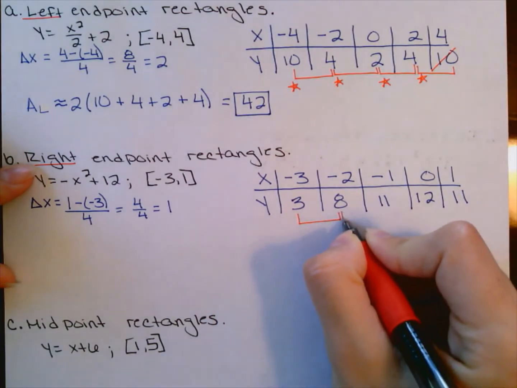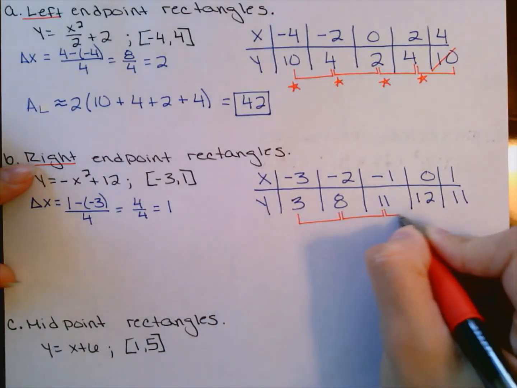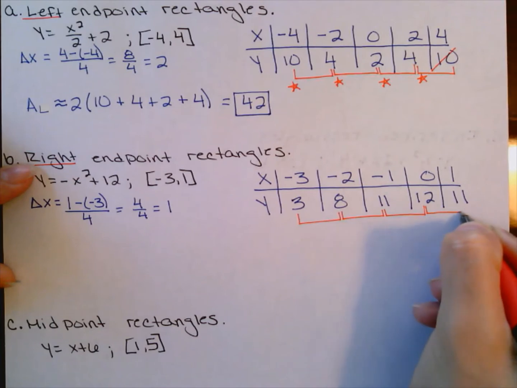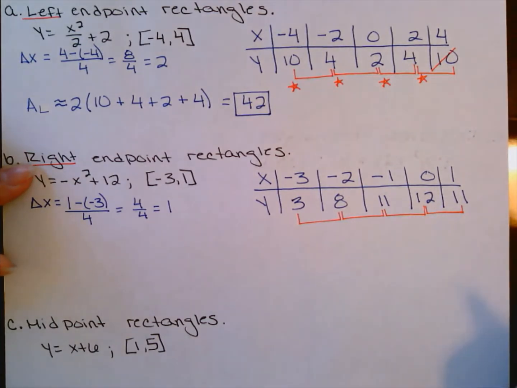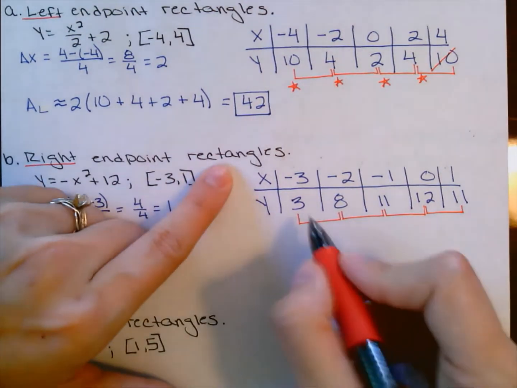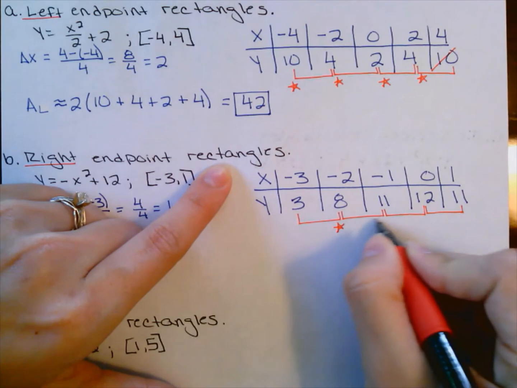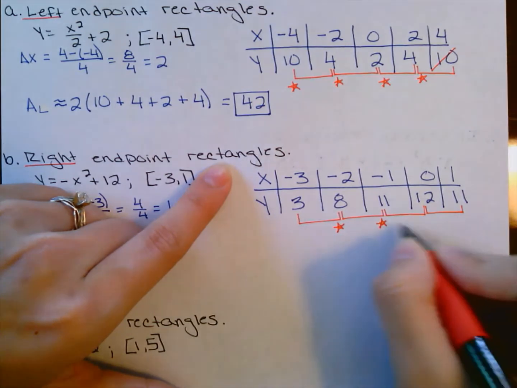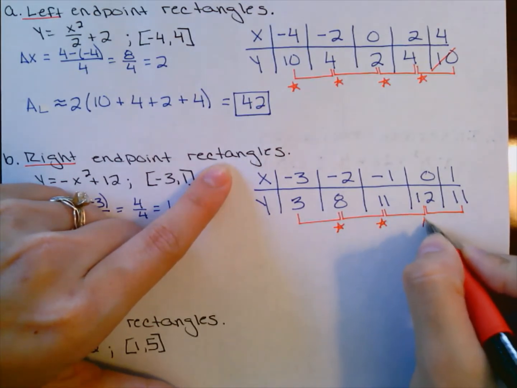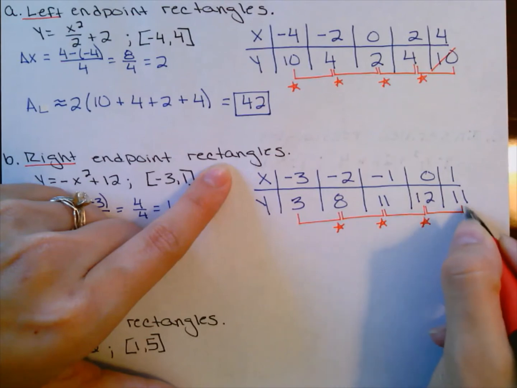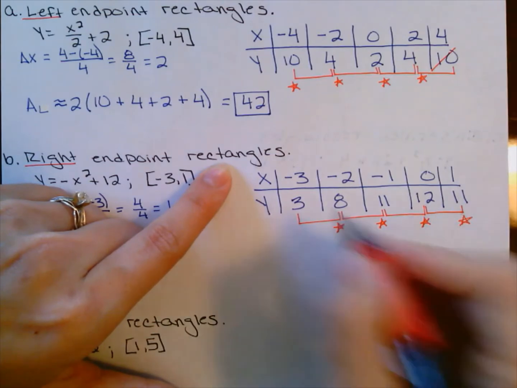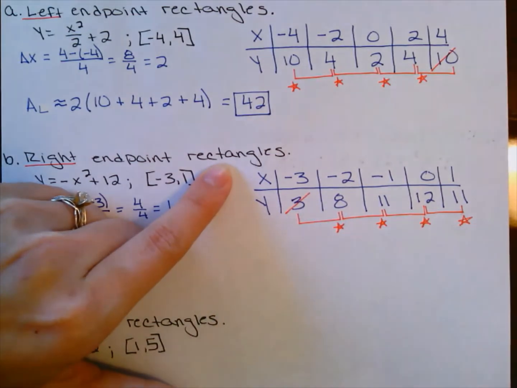First rectangle, second, third, and this question said we should have a total of 4, and we do. Now, because we are using right endpoint rectangles, for this rectangle, I'm going to use the right height, which is 8. For this one, the right height, which is 11. For this rectangle, the right height, which is 12. And for this rectangle, the right height, which is 11. Which means we do not end up using this 3.